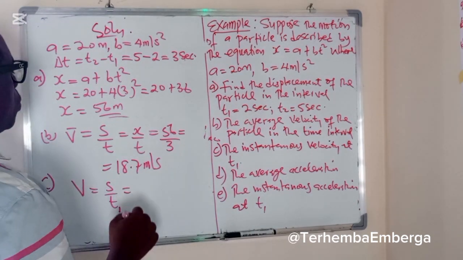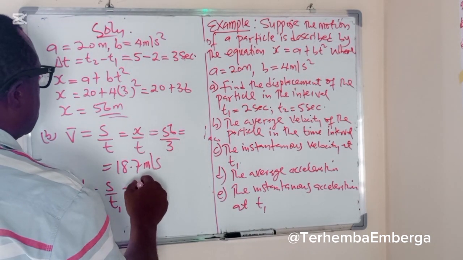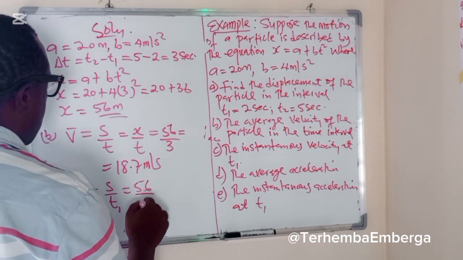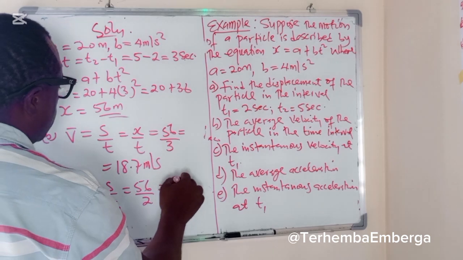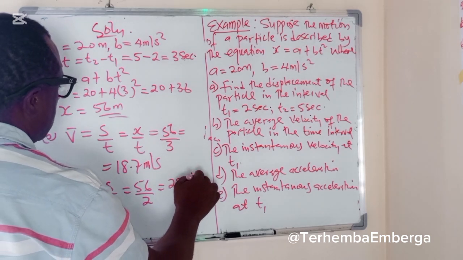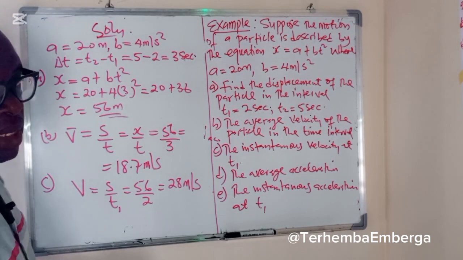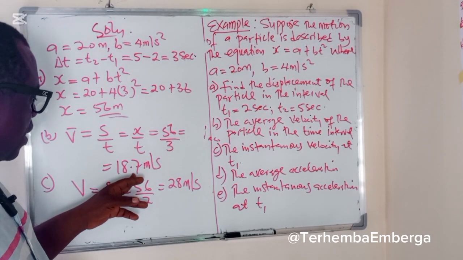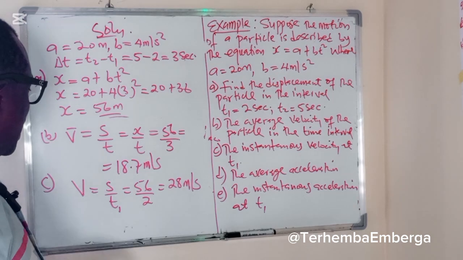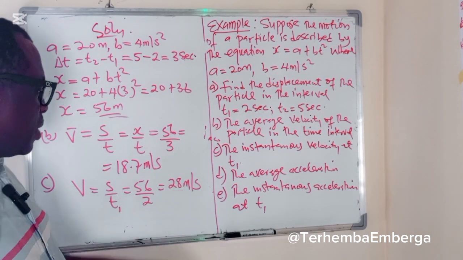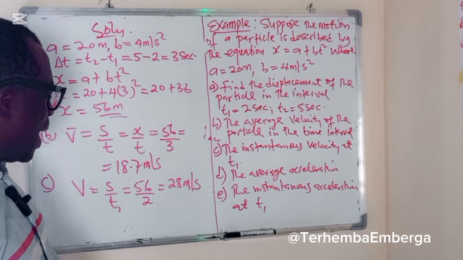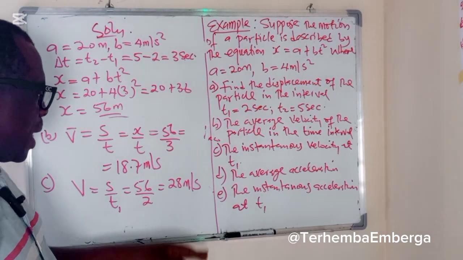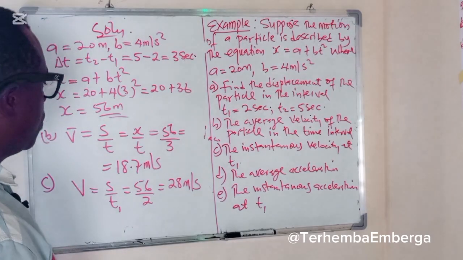So this will be equal to 56 over 2, and that gives us 28 meters per second. So you can see that the average velocity is 18.7 meters per second, and the instantaneous velocity is 28 meters per second.